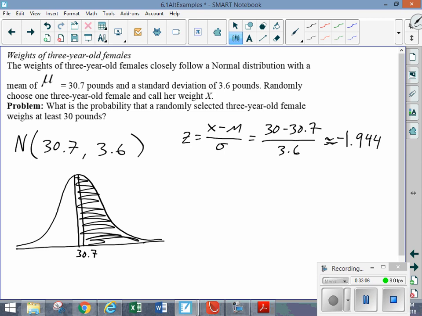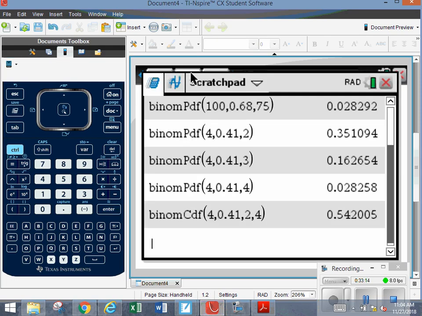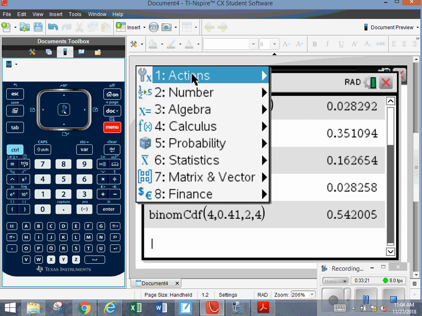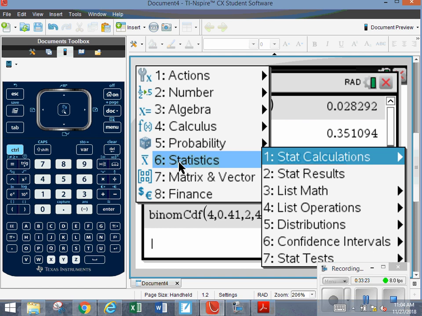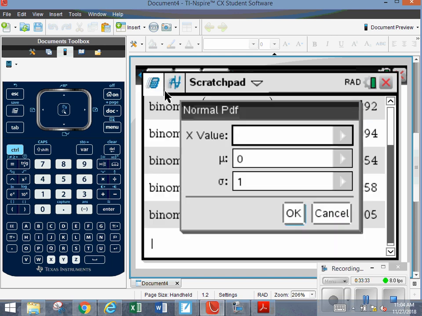I have my calculator out. I don't have the z-table out, so I'm going to go ahead and use my calculator. So we're going to go menu, statistics, just a review of how to do this using your calculator. We use distributions, and we're going to choose normal CDF.